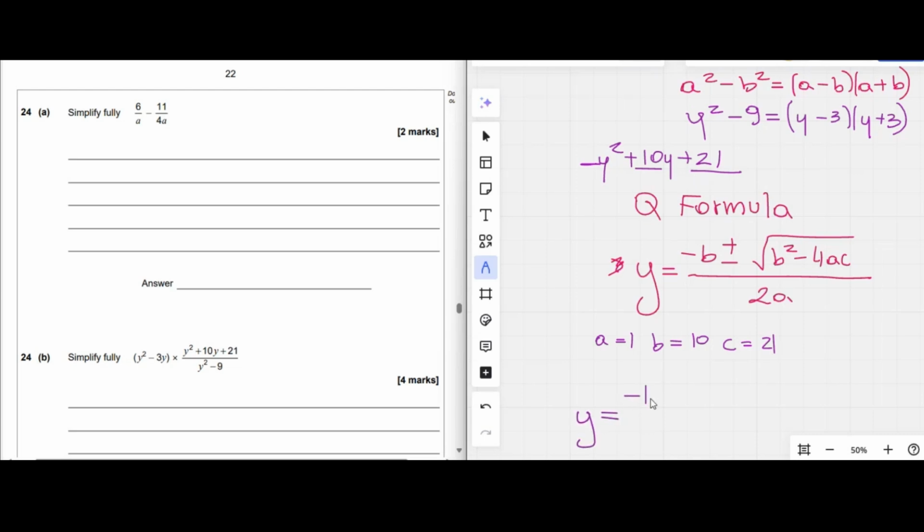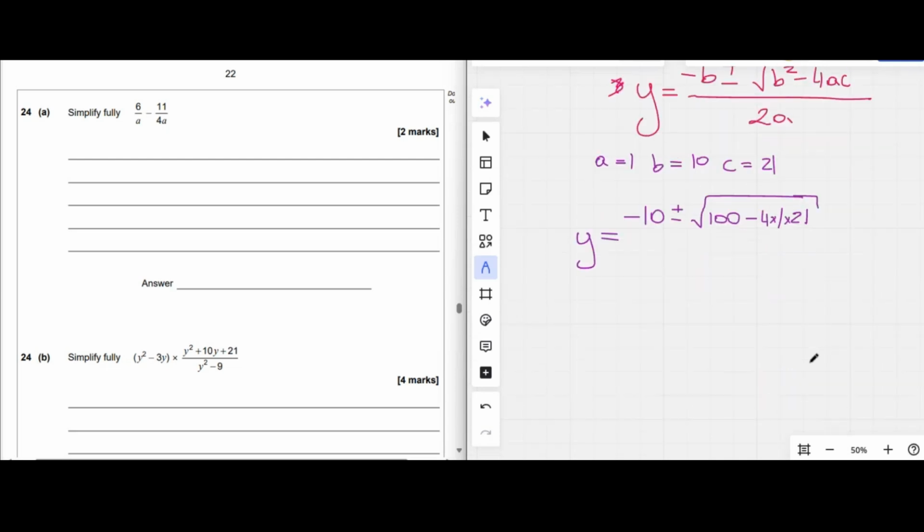Okay, so putting into the formula. Negative b is negative 10, plus minus the square root of b squared, 100, yes, 10 squared is 100, minus 4 times a, which is times 1, times c, which is 21, divided by 2a, so 2 times 1.